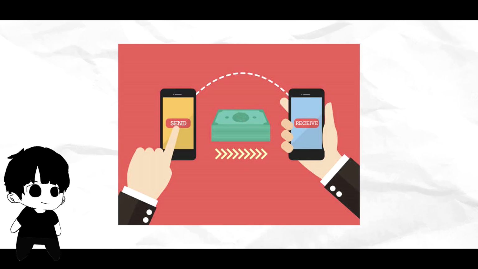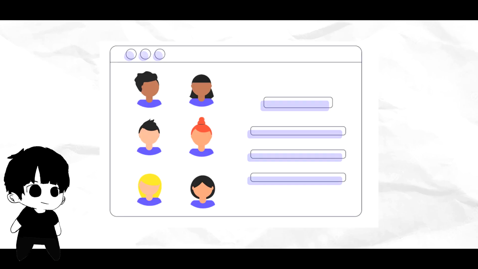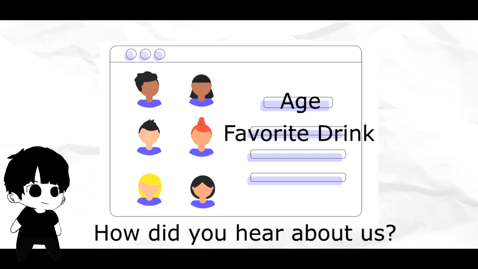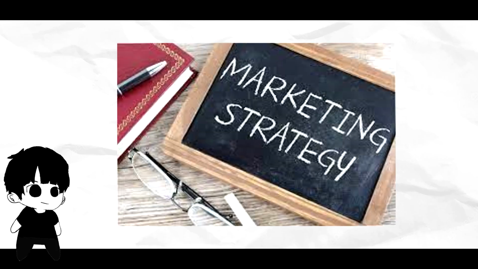These are things we can just track with the purchases they made. We can also offer points for users setting up their profile, like age, favorite item in the store, how they heard about our company, and their gender. This can help us create an ideal consumer model that we can base our marketing strategies on.